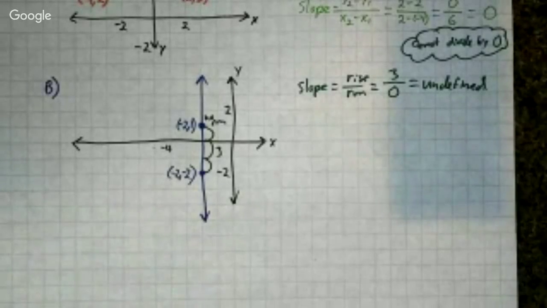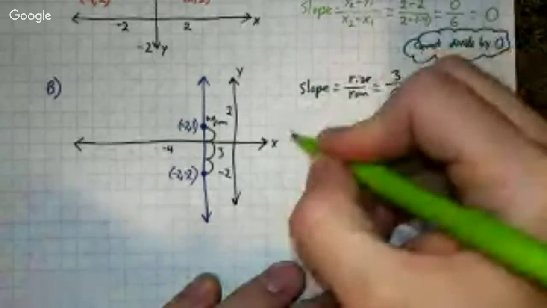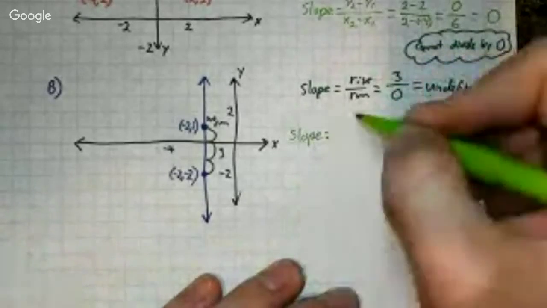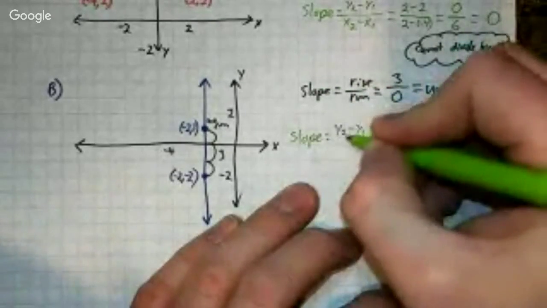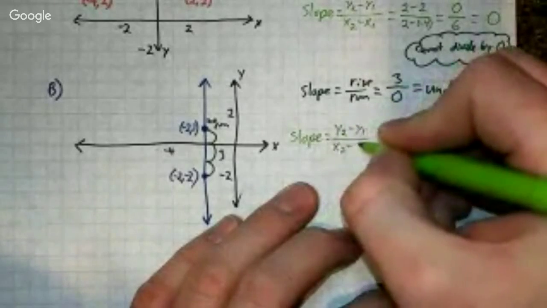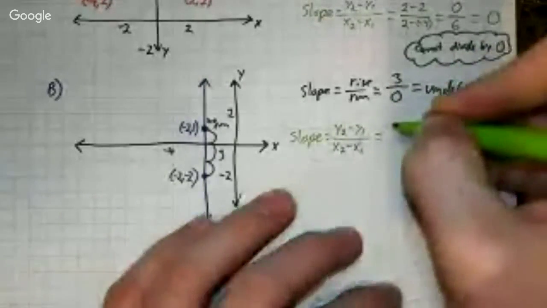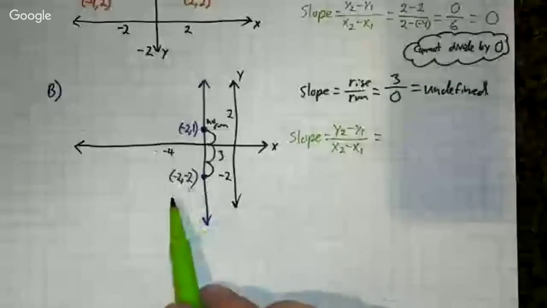Now let's see if it works out the same way doing the other way to find slope, with our slope formula: y2 minus y1 over x2 minus x1. Remember, it doesn't matter, so I'll just choose this as my 2.